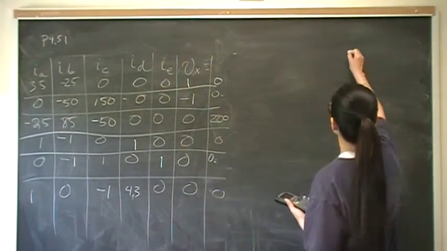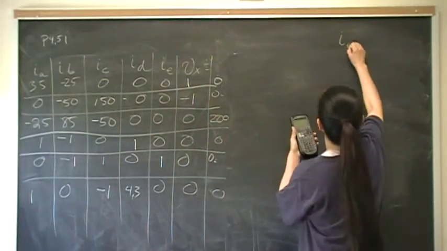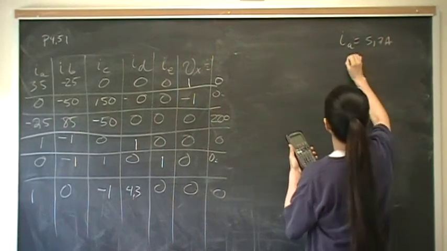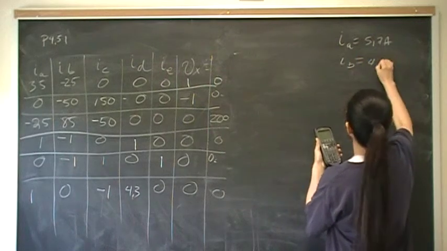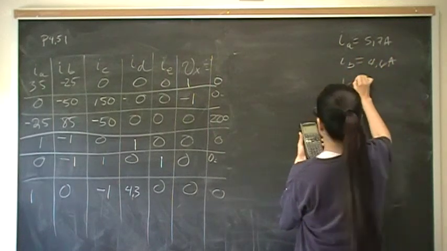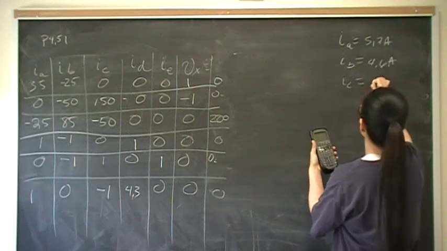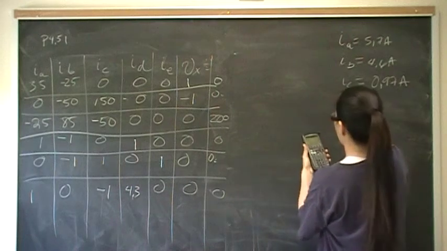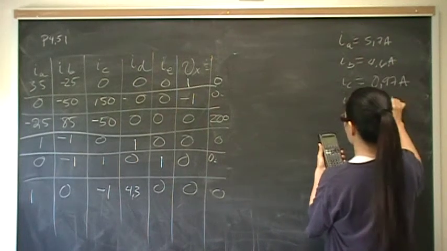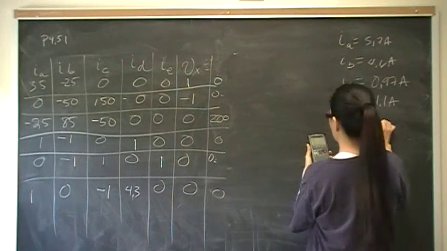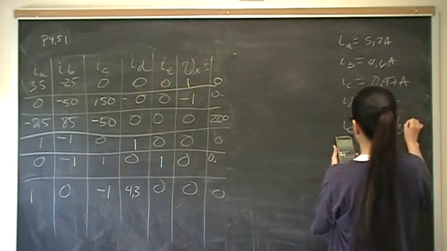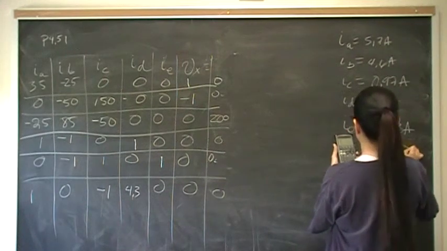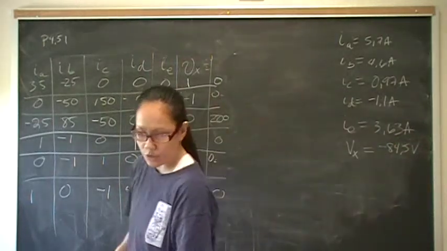So our solution, the answer to part A, is IA equal to 5.7 amps, IB equal to 4.6 amps, IC equal to 0.97 amps, ID equal to negative 1.1 amps, IE equal to 3.63 amps, and VX equal to negative 84.5 volts. So that is the answer for part A.